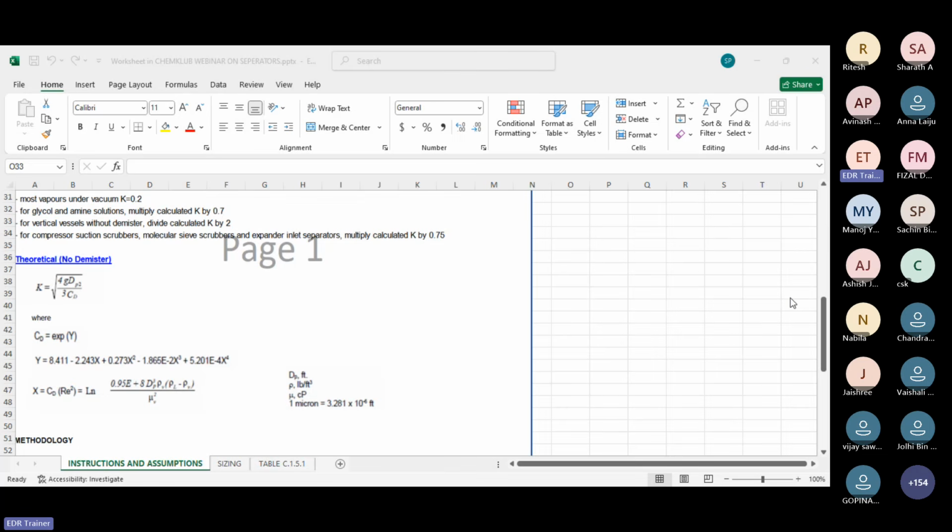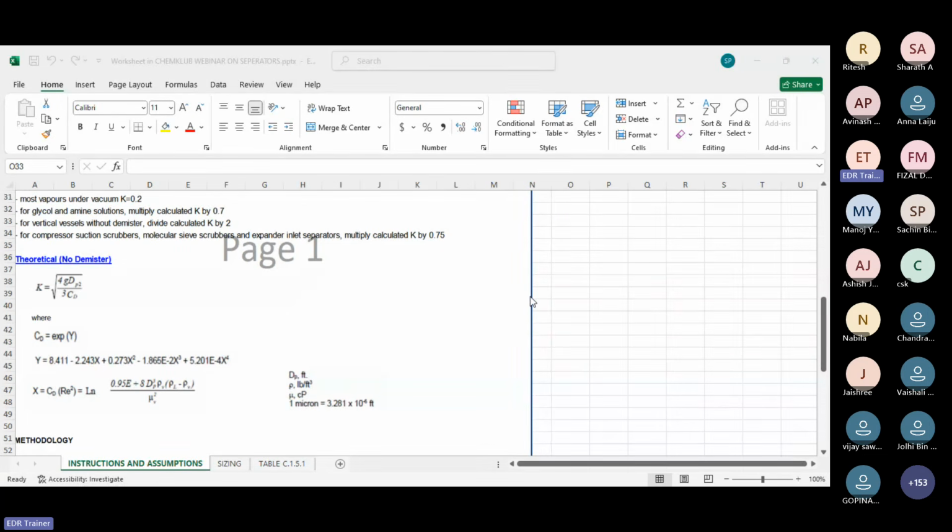What is the most common mistake? Okay, gas flow rate is high, but still we design horizontal. Why? For flare KOD, the gas flow rate is too high. Actually, as I told you, you can do vertical or even horizontal, but for flare KOD that's why we are taking horizontal, because the flow rate is too high.